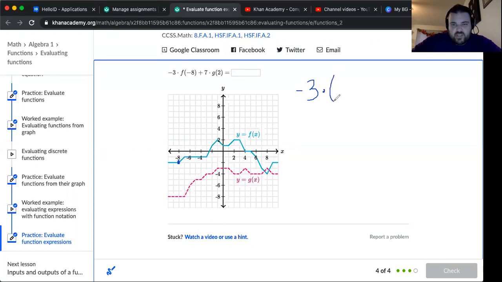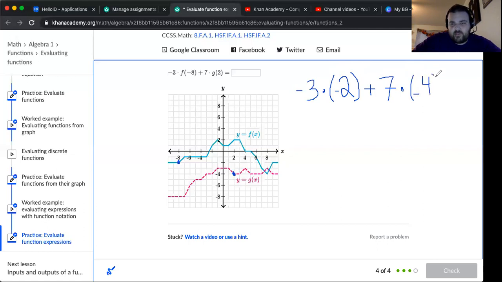So insert a -2 in place of f of -8, plus 7 times g of 2. So go find the g function, which is here in pink. Input of 2, go find the g function around there. That's the point we're looking at. The output's -4. And then we got our order of operations.